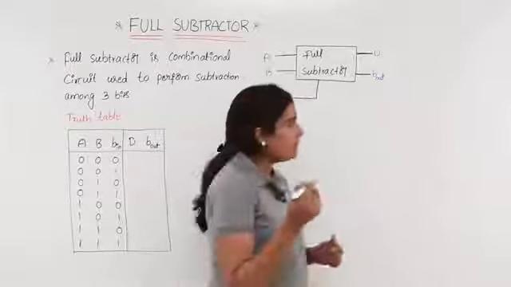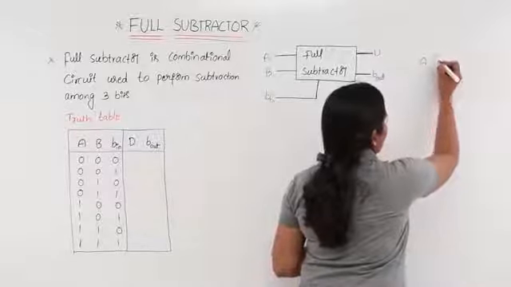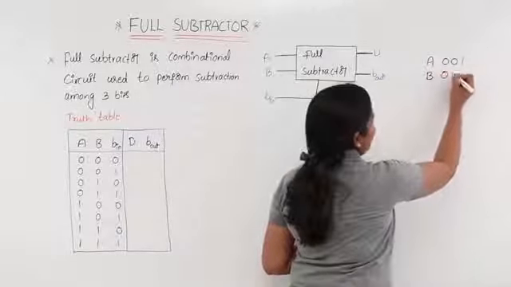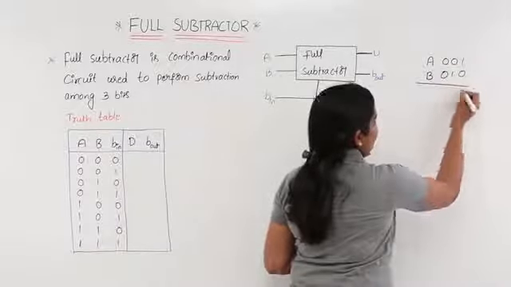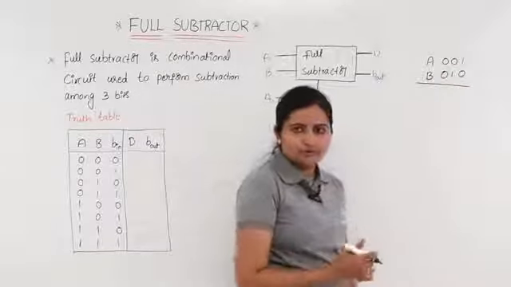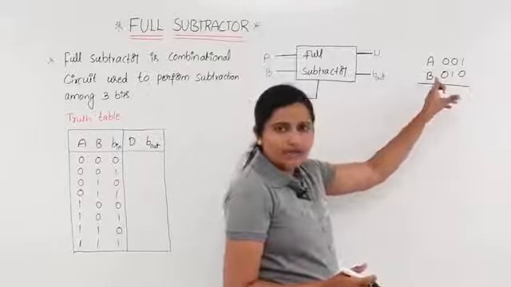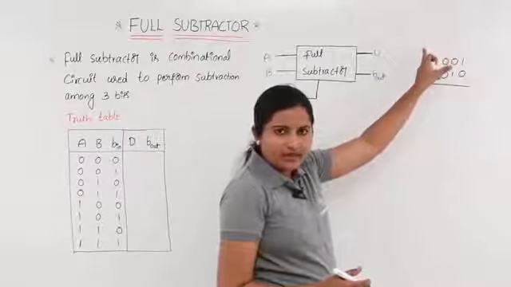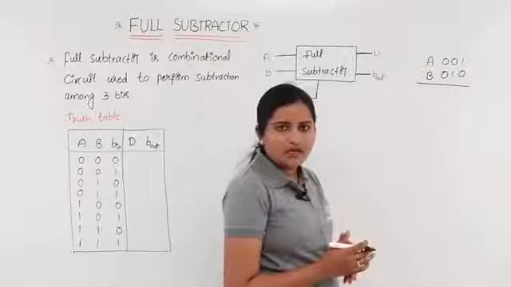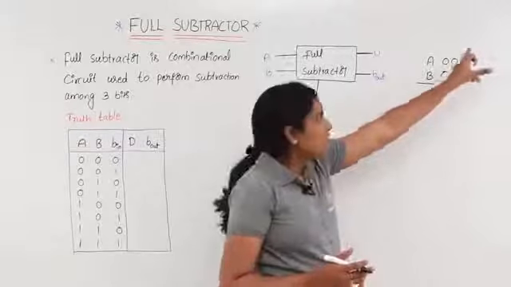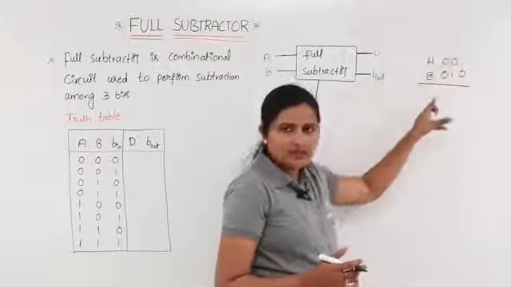For example, if you have A like 0, 0, 1 and B like 0, 1, 0, two multi-bit numbers, and you want to perform subtraction of B from A, we can use 3 half subtractors for this, one for each corresponding subtraction.